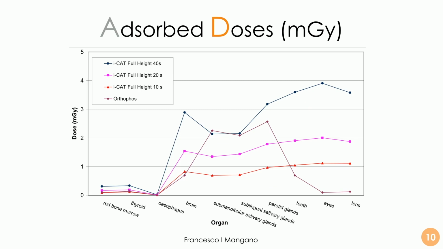But if we consider only the cone-beam computed tomography and the digital panoramic radiograph, in this case we see that there's competition, I would say, and particularly for some organs the 3D CBCT was capable at that time of giving less radiation.